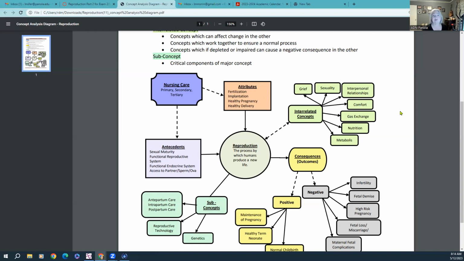You probably have all heard of oxytocin because it's also what we induce labor with, right? Pitocin is synthetic oxytocin. That's what we use when we are trying to induce those contractions. And then testosterone, here at the very end, this of course is going to be the major male hormone.